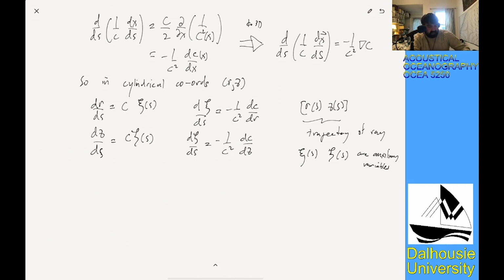And the idea now is, these equations are pretty simple ODEs, right? Very simple to solve. We can solve these numerically really quickly at many different steps and generate r and z, and then that will give us the paths. Okay, a few more things to note.